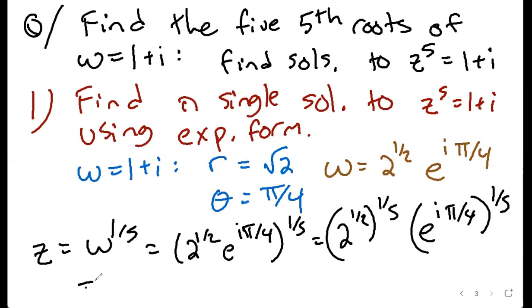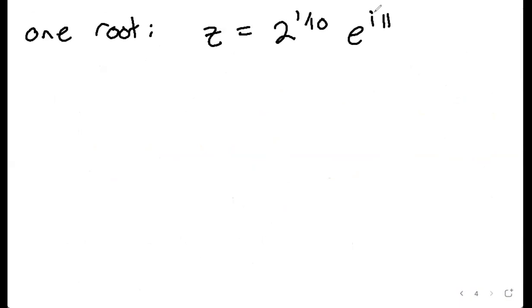And we end up with 2 to the 1/2, all that to the 1/5 power is 2 to the 1/10. e to the i pi over 4, all that to the 1/5 power, multiply the exponents together again, e to the i pi over 20. So 1 root is going to be z is equal to 2 to the 1/10 e to the i pi over 20.